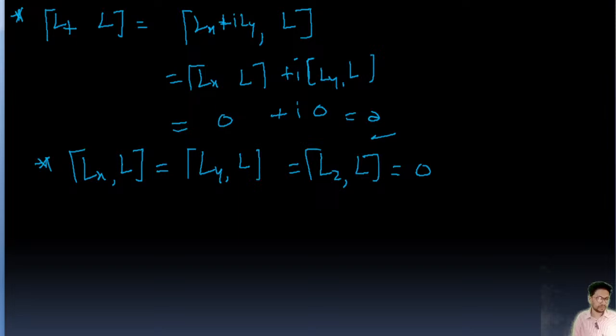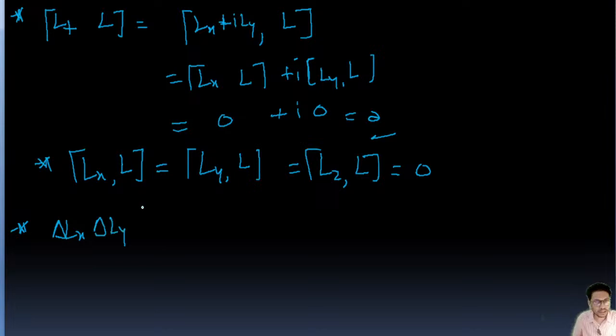Next, here we know this one. I've already explained the uncertainty principle. Here we can use delta Lx and delta Ly.